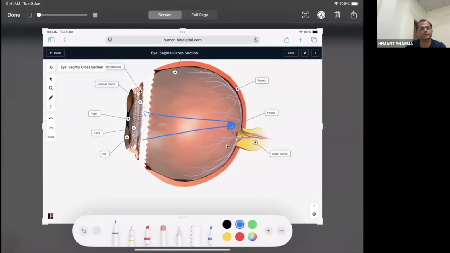The light's coming and reaching on one place, the central area. Okay, this is called the central area. This is called macula. इसे क्या बोलते हैं? macula. जहां पर लाइट जाती है.